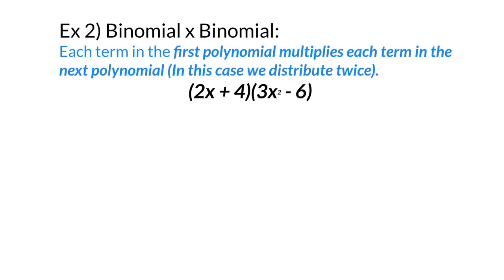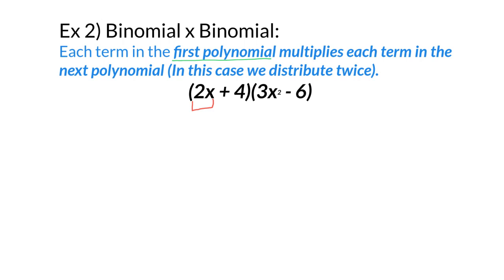In example 2, we have a binomial times a binomial. Now, when I go to distribute, I have to pay attention to the first polynomial. However many terms are in the first polynomial is how many times I need to distribute. In this case, I have a binomial in the front, 2 terms.